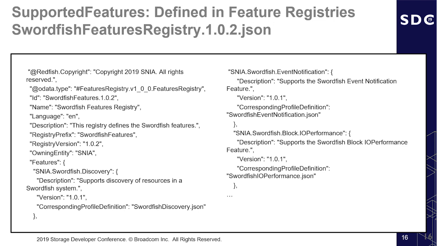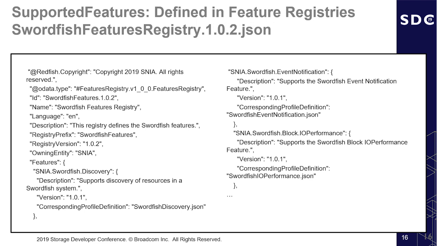So if you want to advertise your own features, which this also fully enables, these are the standard features. If you have an OEM better version of a feature, you just create your own registry, export it and say, yeah, sure, I support SNIA.replication, but we also have best vendor ever.replication.